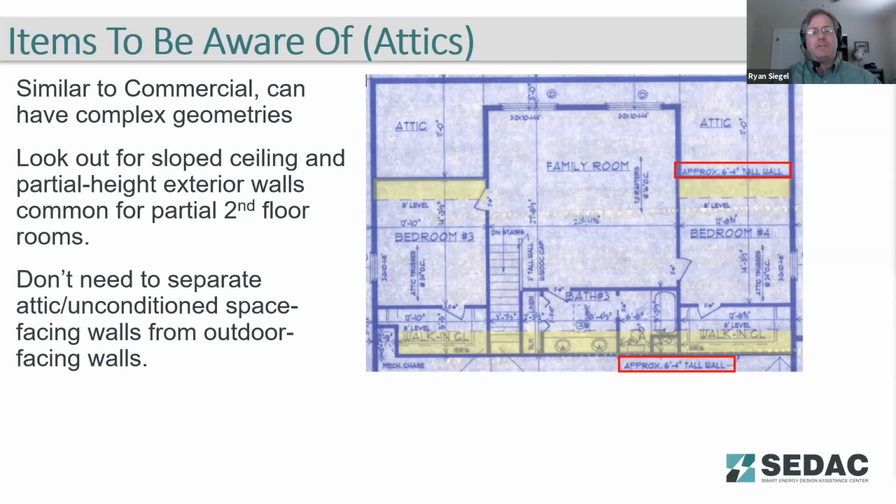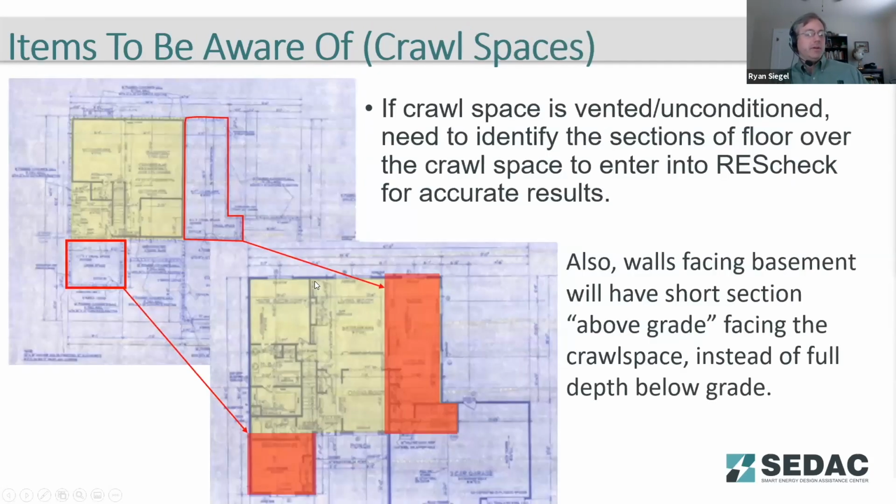Anytime you also have sloped ceilings or partial height exterior walls, be aware of that when you're doing your data entry, to make sure you don't mistakenly include space that's not actually conditioned. Also, if you have a crawl space that's vented and unconditioned, then that would be outside of your thermal envelope.